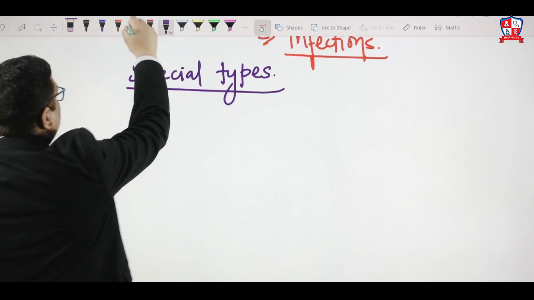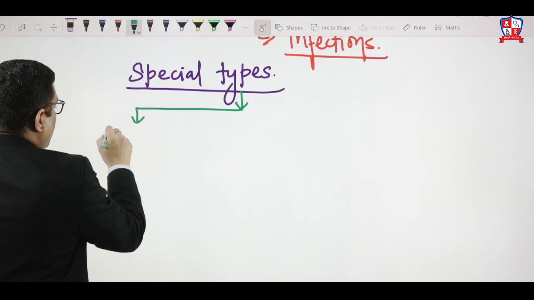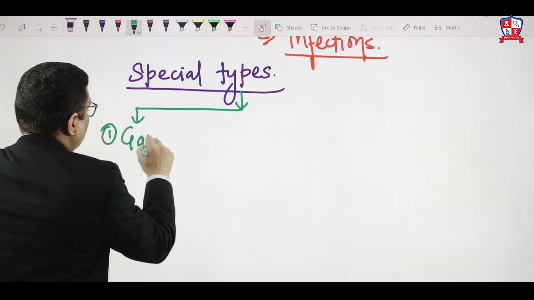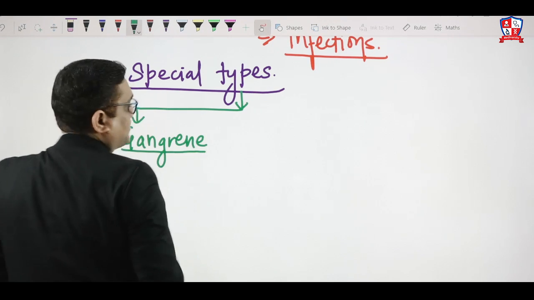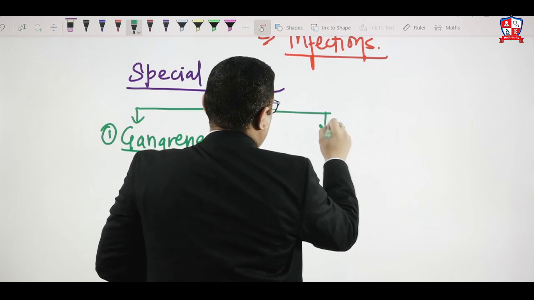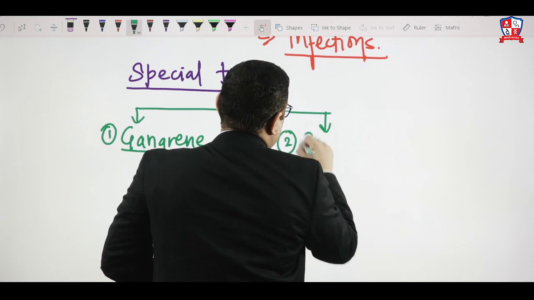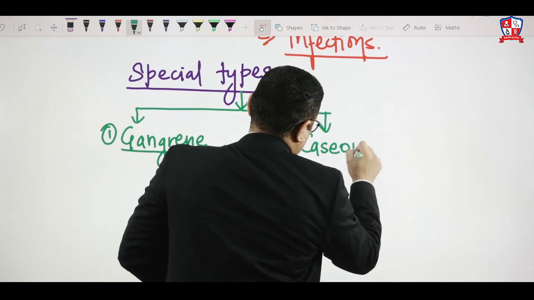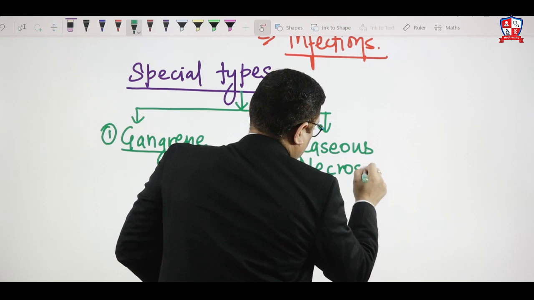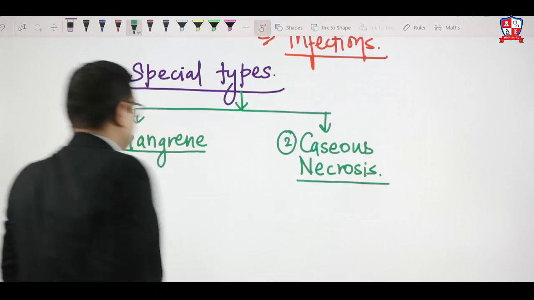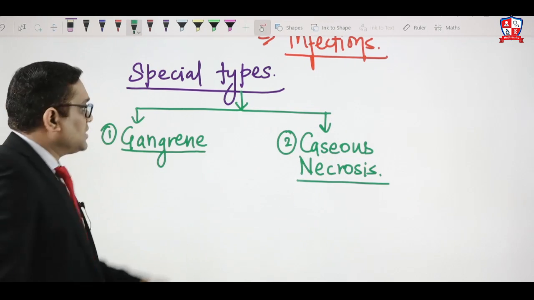I will just name some of them and then we will start discussing them. Number one is gangrene. After that, number two we are going to discuss is caseous necrosis. So number one, gangrene. Then we will discuss caseous necrosis.